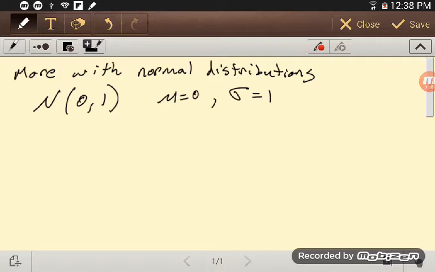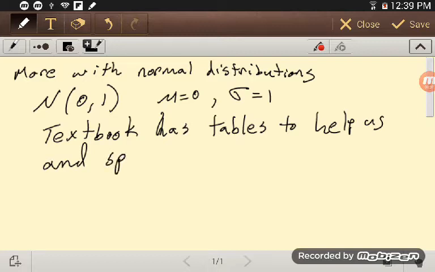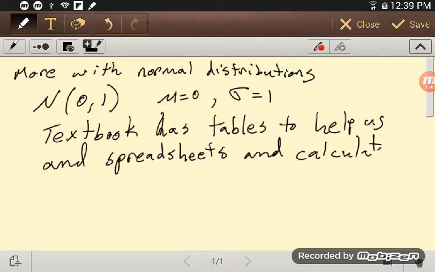And so our textbook has tables to help us, and spreadsheets and calculators can help us.